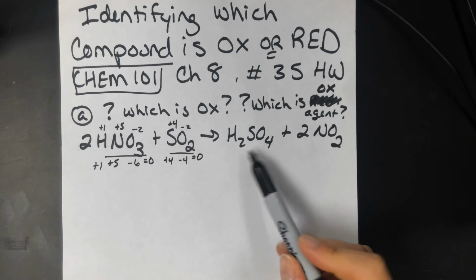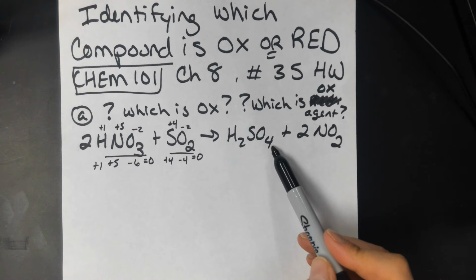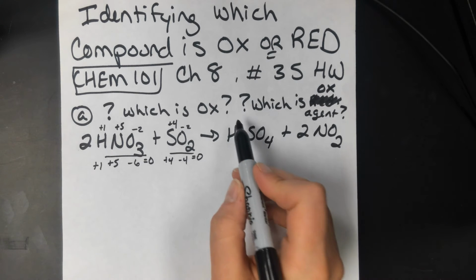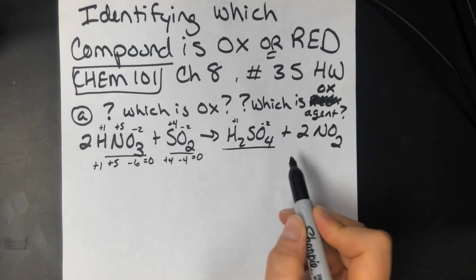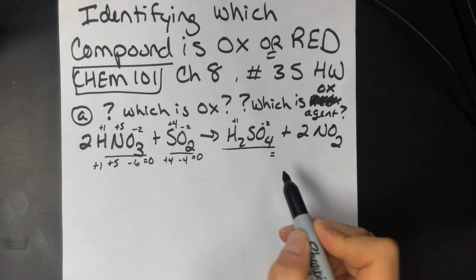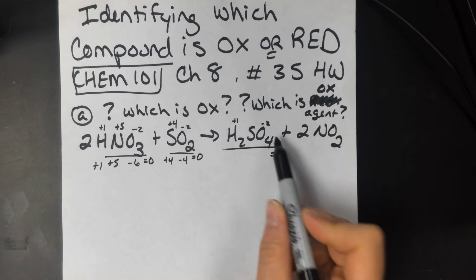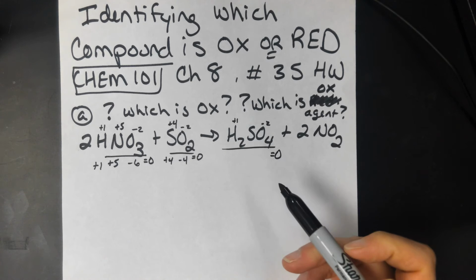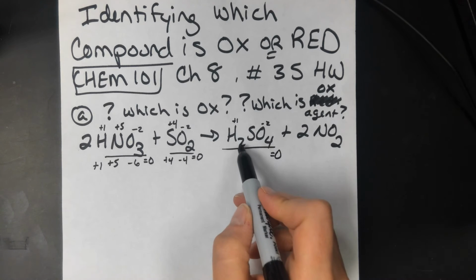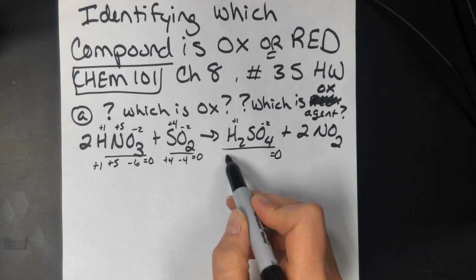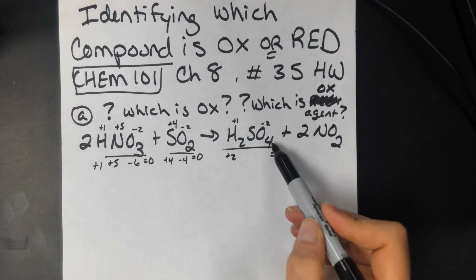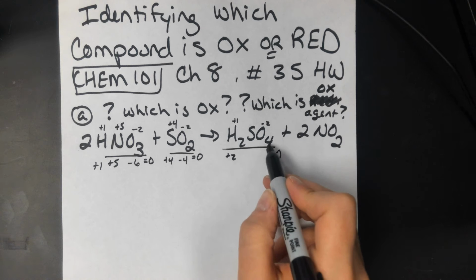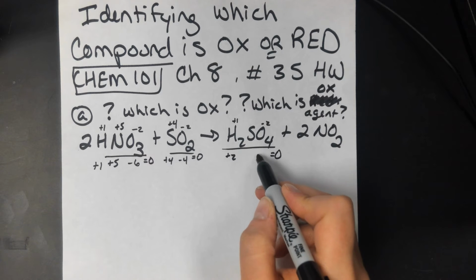Now on the right-hand side, I have a rule for H and a rule for O. H will be +1, O will be -2. It all has to total out to 0 because there's no charge on H2SO4. There are 2 H's, so it's +2, and there are 4 oxygens, so it is -8.